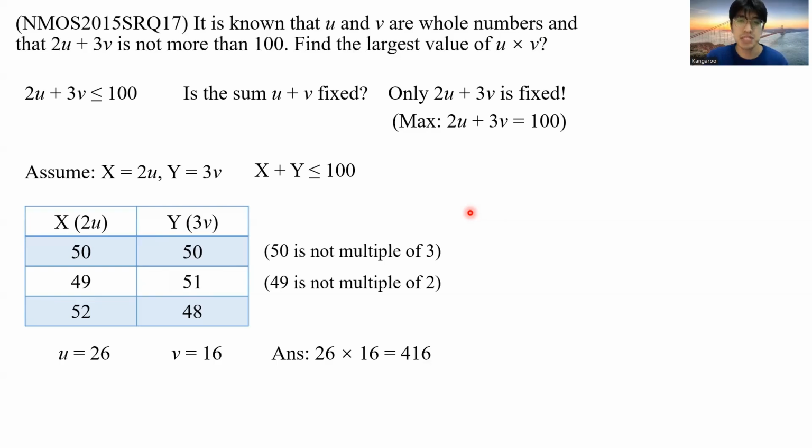In the case where the sum is not fixed, as in this question, we have to turn an unknown problem into a non-problem. For example, u plus v is not fixed, but 2u plus 3v is fixed. So instead of focusing on u and v, we should focus on the largest product of 2u and 3v, and from there we can get the largest value of u times v.